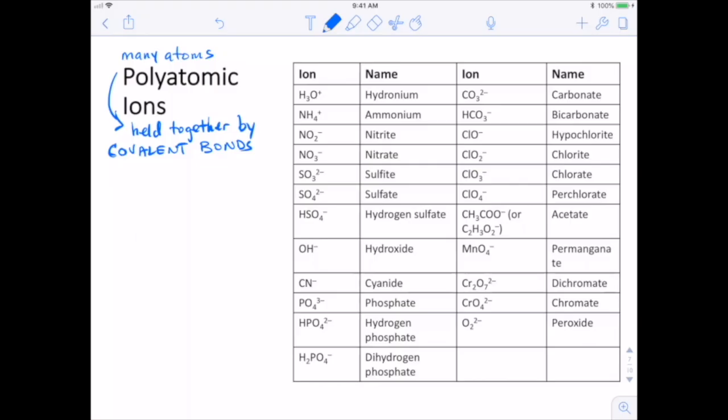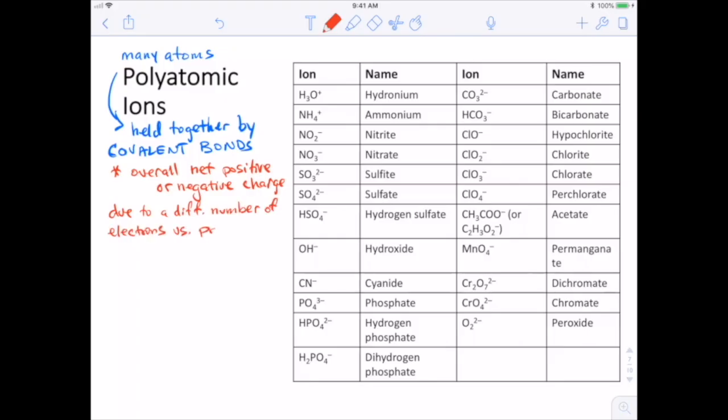But this one is a very special kind of covalently bonded molecule that has a net positive or negative charge, meaning that the number of electrons don't match the number of protons. But now it's not just the number of protons in an atom, it's of all the atoms that are covalently bonded together. These are protons in the compound now, not just the atom.